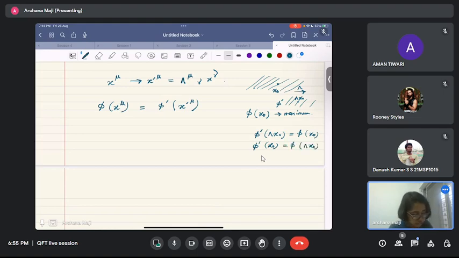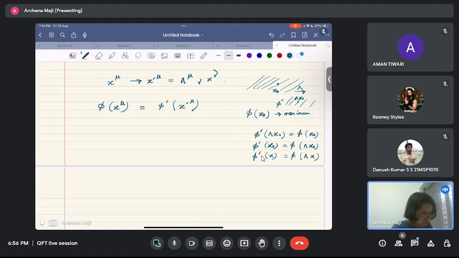This is the claim when this transformation lambda that we have performed is a symmetry of your system, and this must be true for all points in space. So instead of x0 we replace it by x.